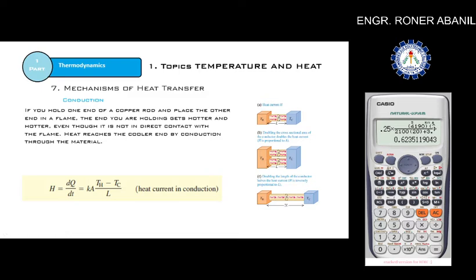Dito pinapakita yung cross-sectional area nung metal rod and yung length niya. So, the right end is a lower temperature and yung other naman is hot.